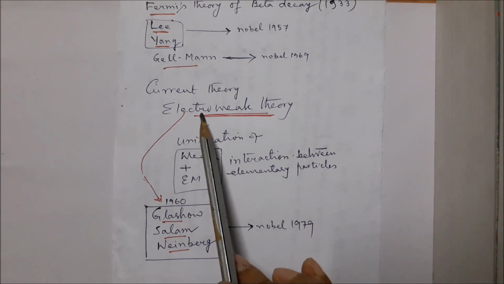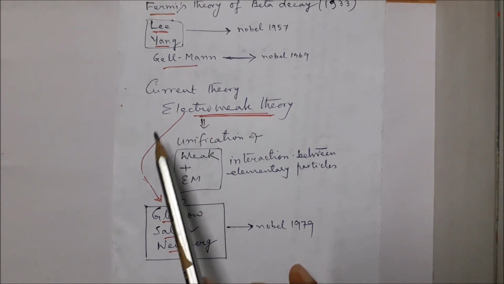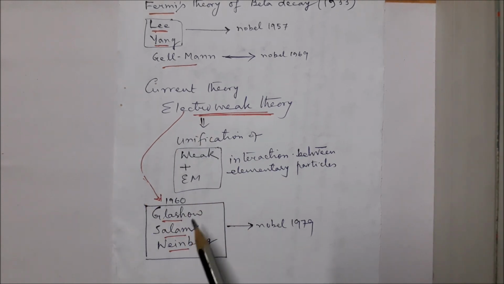And this theory was proposed by Glashow, Salam and Weinberg in 1960, that fetched them the Nobel of 1979.